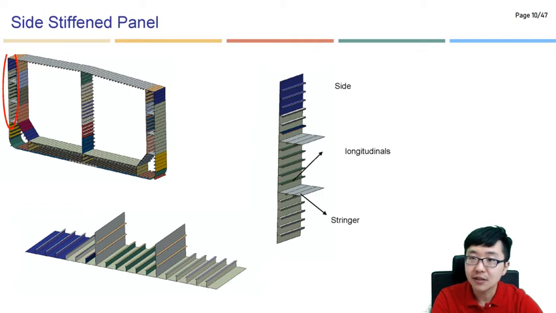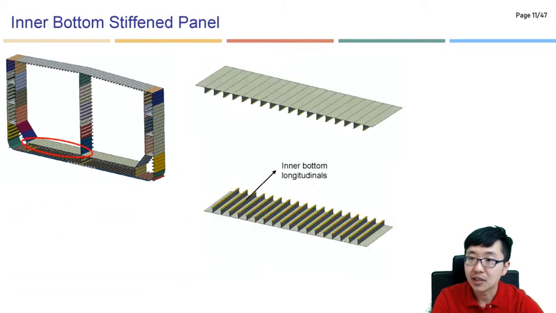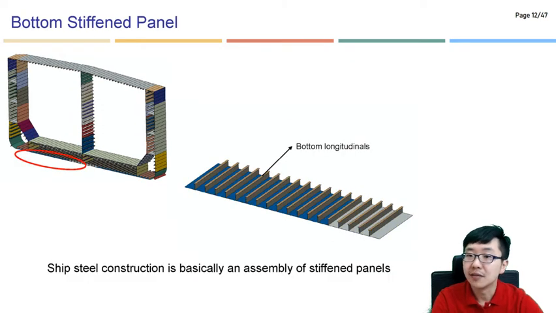And the side stiffened panel, nothing special, just rotated 90 degrees. But here we have the stringers, like here, the first one, second one, third stringer, and you can see the bottom structures here. You can understand what I'm talking about, and the bottom stiffened panel as well.